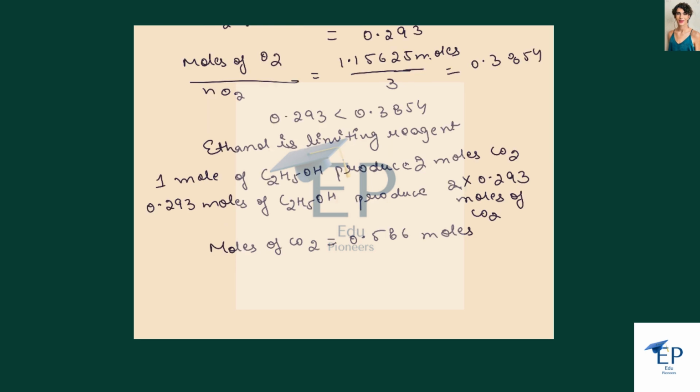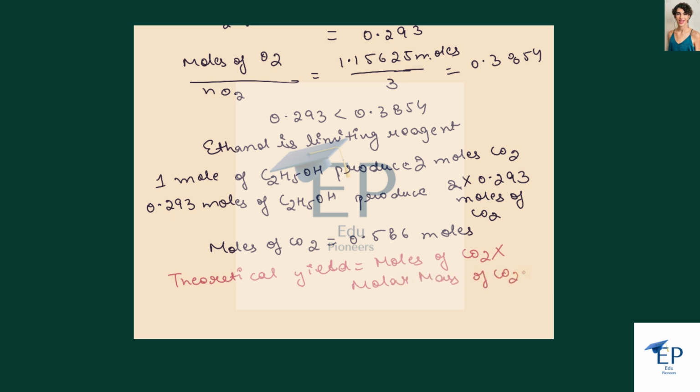Now we have the moles. Now we can find out the theoretical yield here. So the theoretical yield is equal to moles of carbon dioxide multiplied by the molar mass of the carbon dioxide.